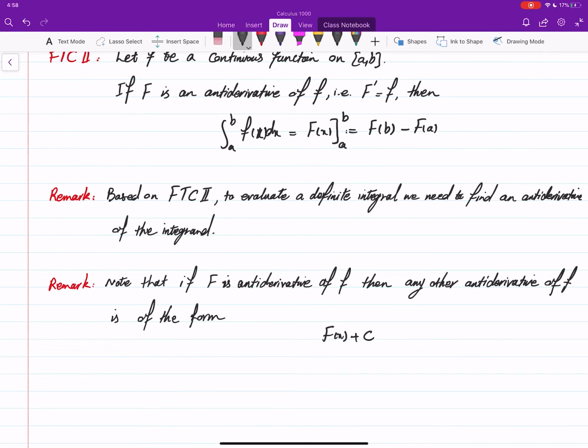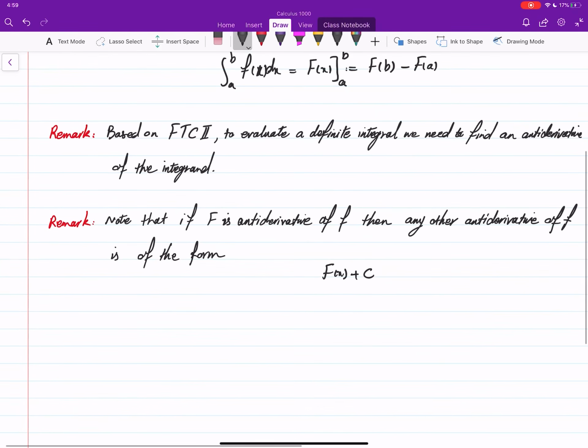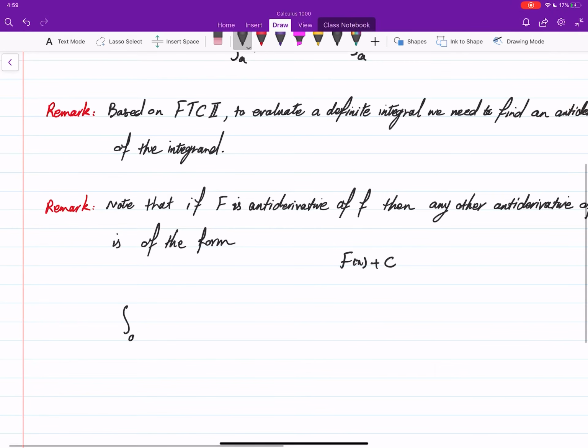Yeah. Well, now this is a question. If I choose one antiderivative and someone else chooses another antiderivative, and we use the fundamental theorem of calculus, how do we know that we don't get different values? Well, let's see why.